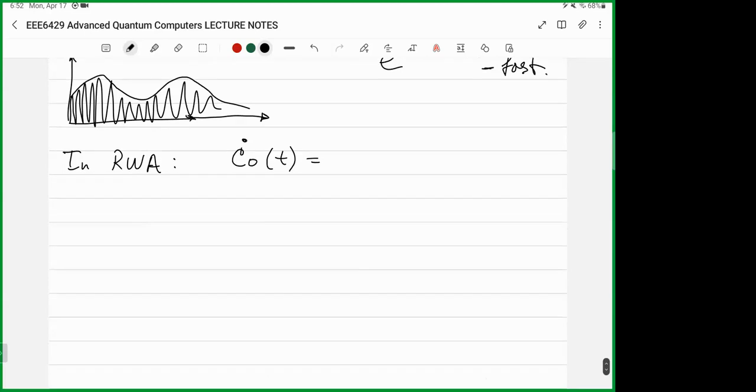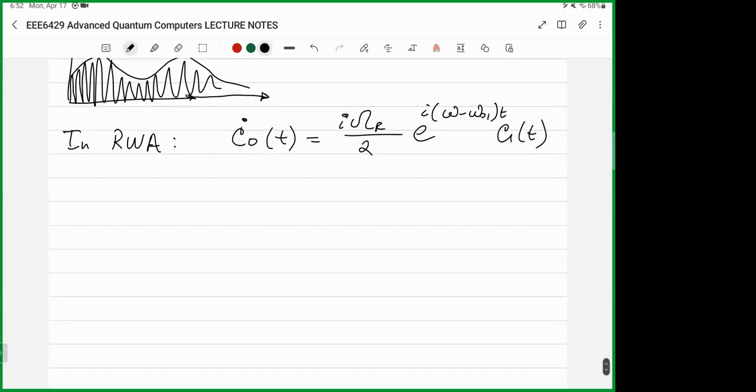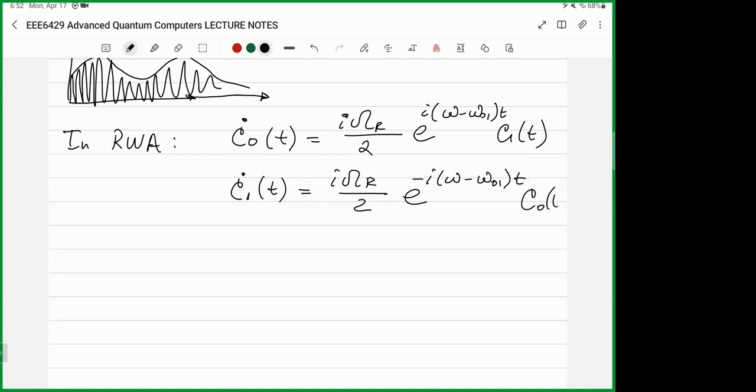So for the C sub 0, we'll get i omega_R, Rabi frequency over 2, e to the power of i(omega minus omega_0,1)t, C sub 1 of t, and the second one for the second state, C sub 1 dot of t equal to i omega_R over 2, e to the power of minus i(omega minus omega_0,1)t, C sub 0 of t.